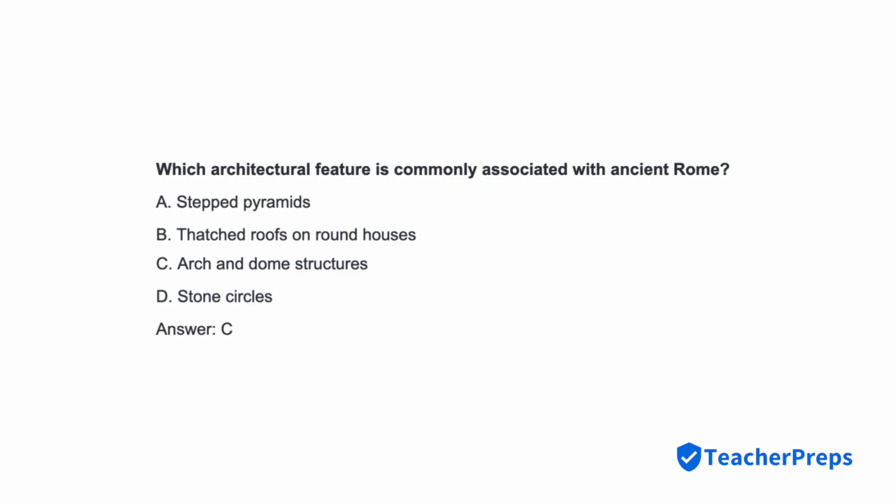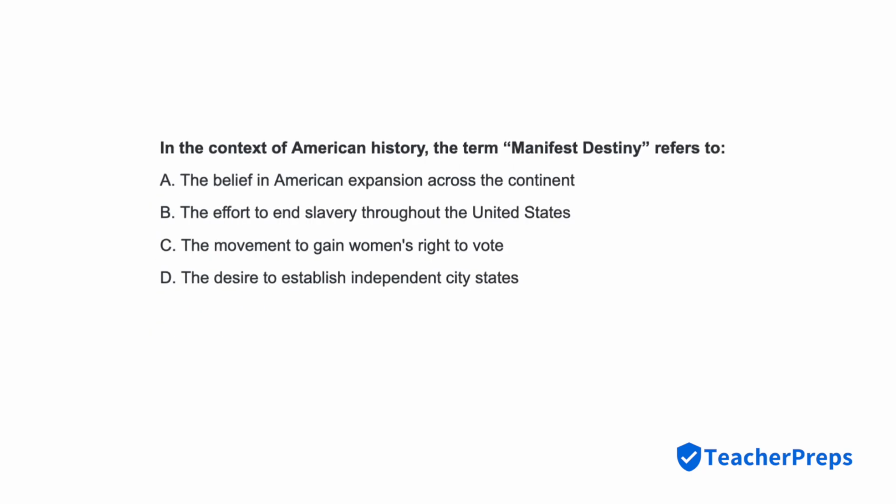Correct response, letter C, arch and dome structures. In the context of American history, the term manifest destiny refers to, correct response, letter A, the belief in American expansion across the continent.